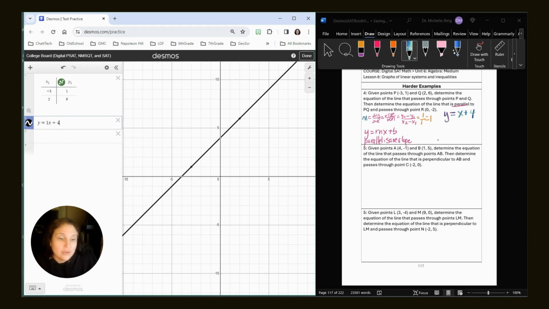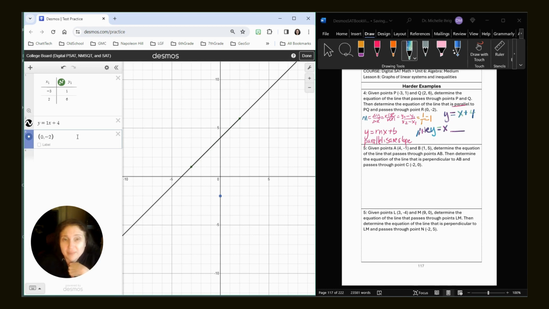We're going to use the slider tool trick again to write our next equation. That's why you don't have to use point slope form. So we have, again, y equals x because parallel is the same slope, but we need the plus b. This is for our parallel line. First I'm going to type in the point 0, -2, because we're going to manipulate the line so that it goes through that.